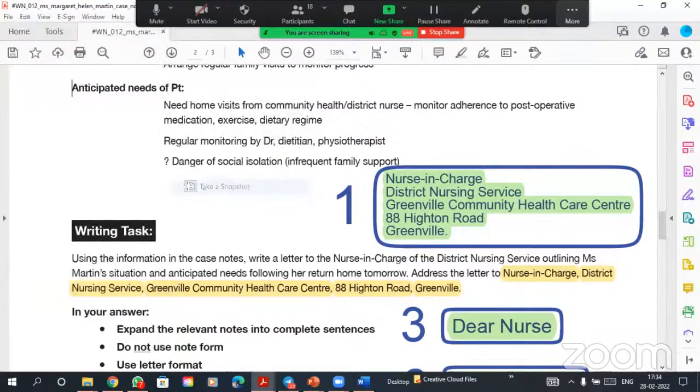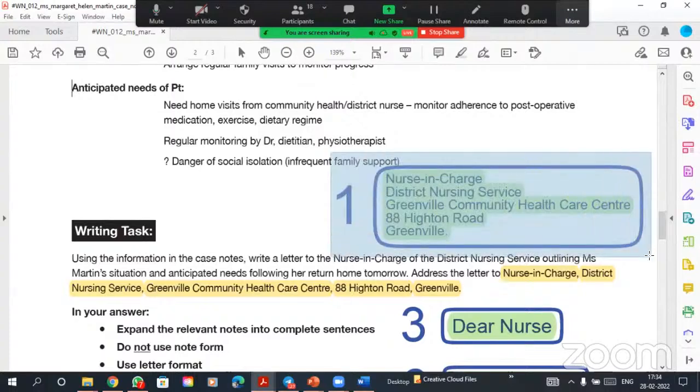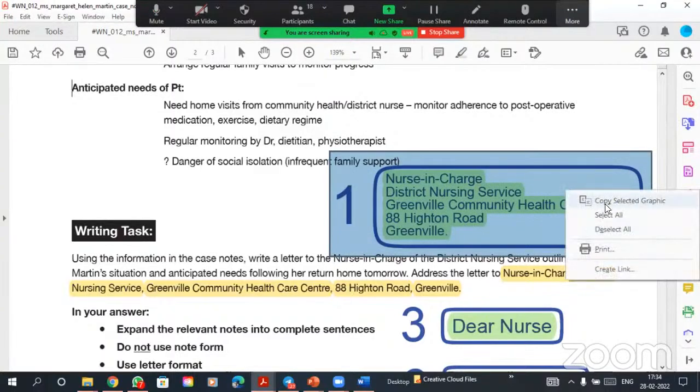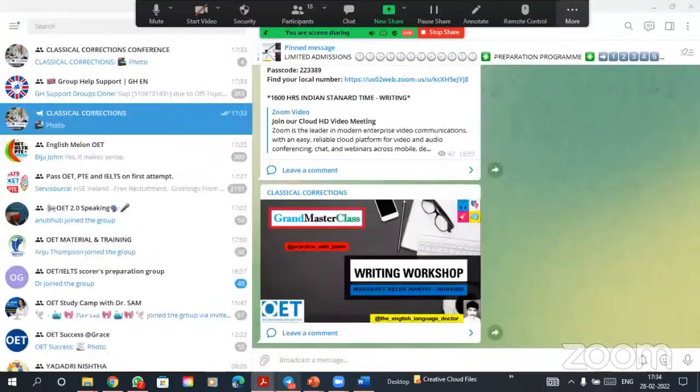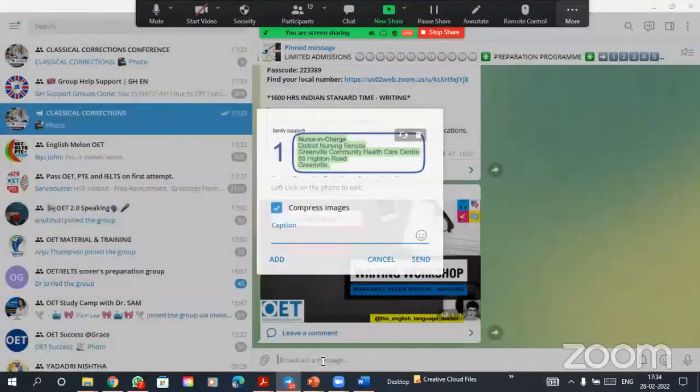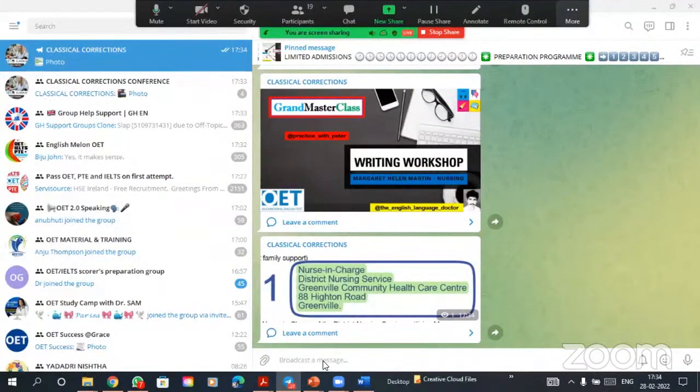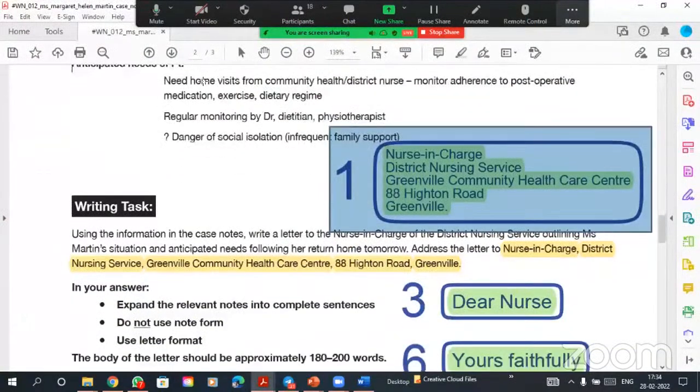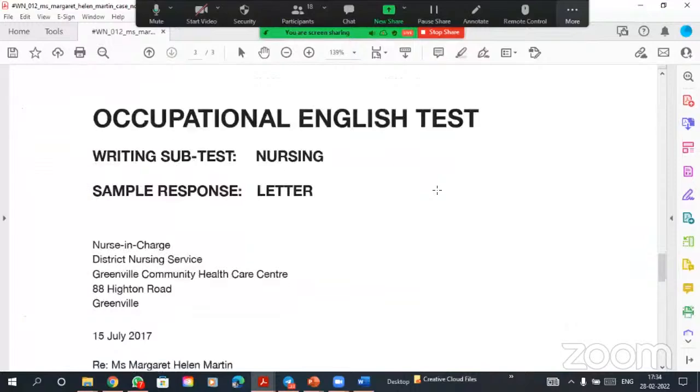Now this is the first component. Component number 1. That is the address. Then you go to the second page.